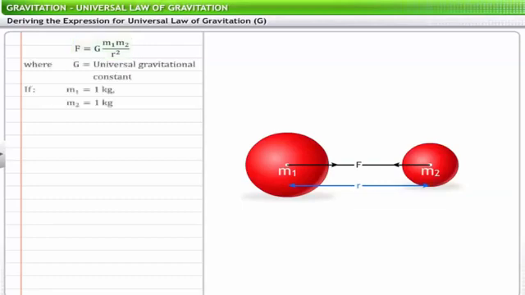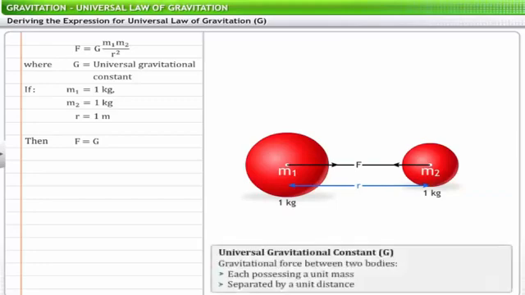If m1 and m2 each equal 1 kilogram and r equals 1 meter, you get F equal to G. Thus, the universal gravitational constant is numerically equal to the gravitational force between two bodies, each possessing a unit mass, separated by a unit distance.